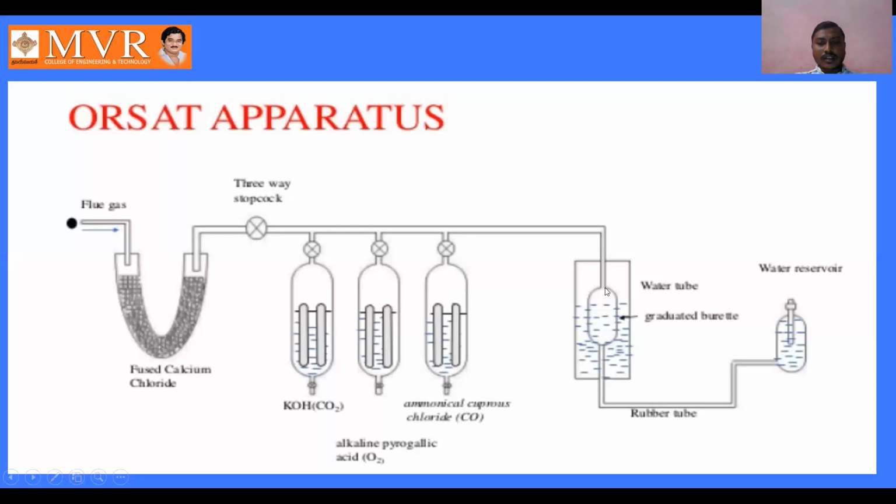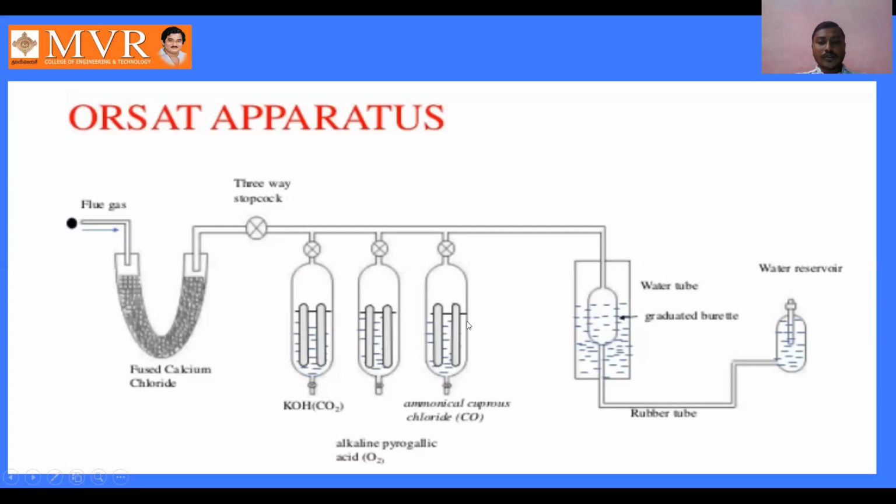When the gases are supplied from the graduated burette to the first bulb, the stopcock of the first one is opened, the remaining two stopcocks are closed, and the three-way stopcock valve is also closed.